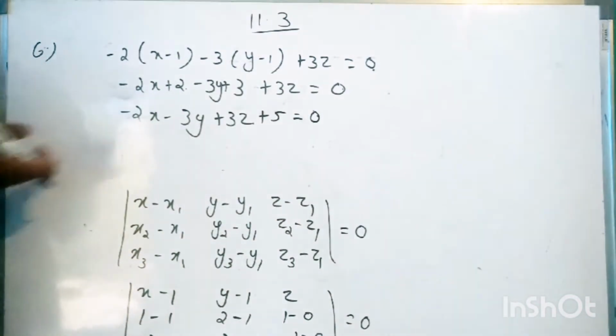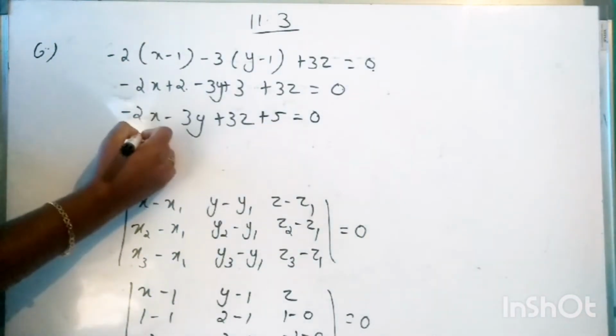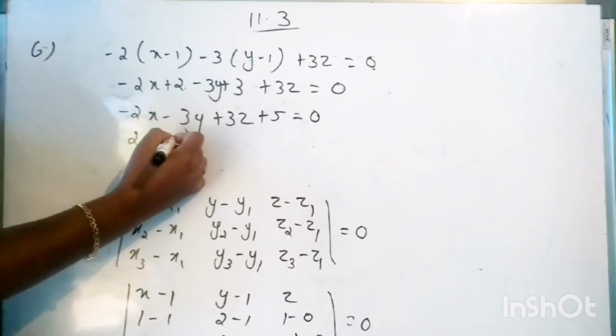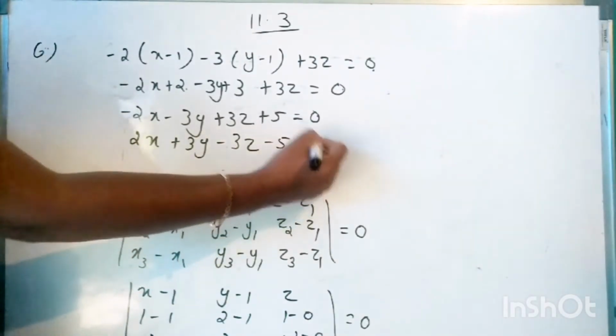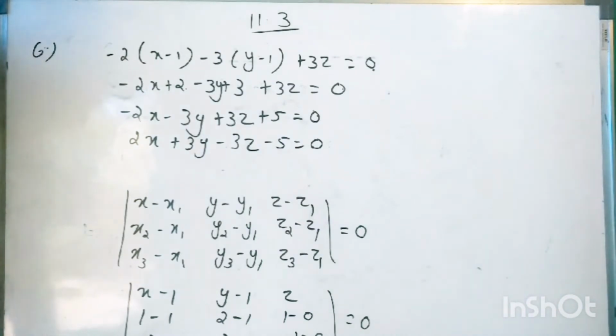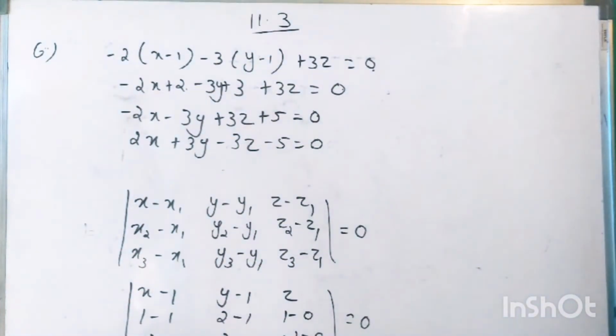Now just multiply this equation throughout by minus 1, we will get 2x plus 3y minus 3z minus 5 is equal to 0. This is the equation of the plane.